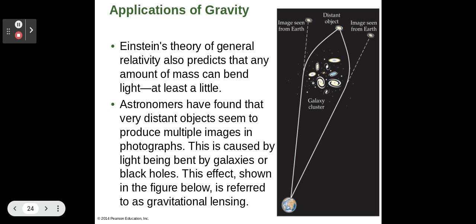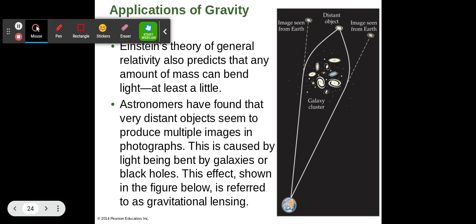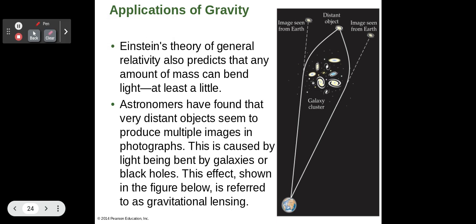You can see this as an example. Here's our distant object. These are the images that you see from the Earth. So instead of seeing one, you might see multiples of them.